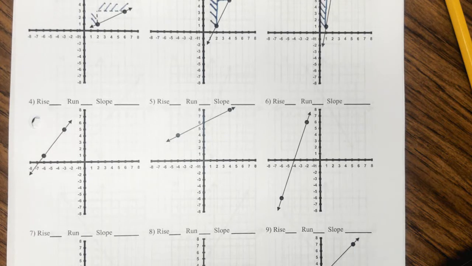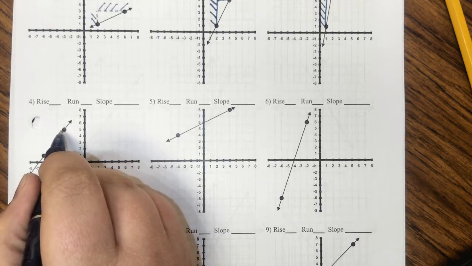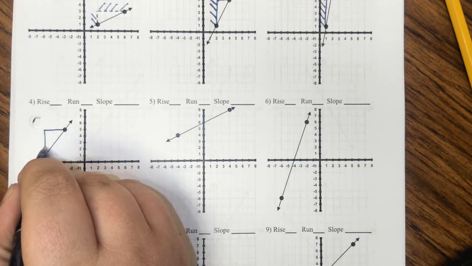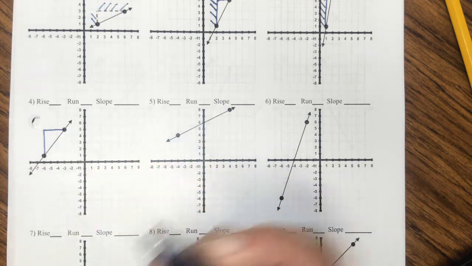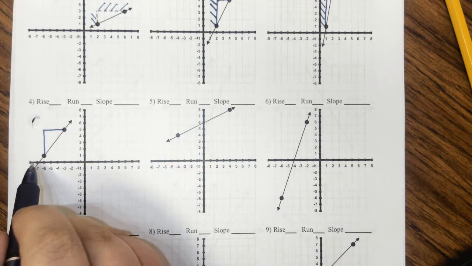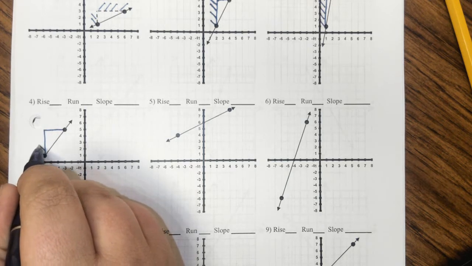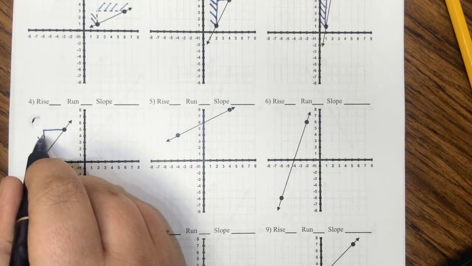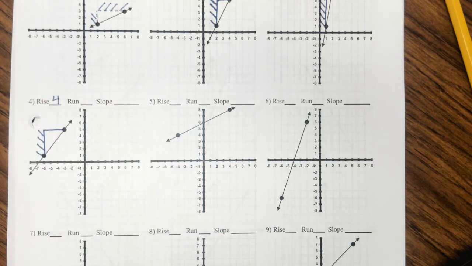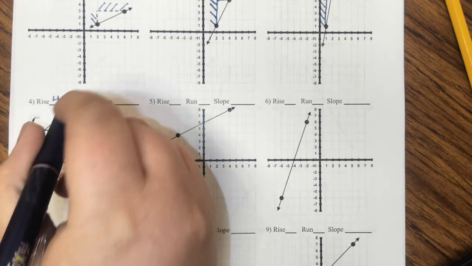Looking at number 4. Gonna draw a triangle between the two perfect points that they've given us. Again, the lines are really hard to see, but the rise is up 1, 2, 3, 4. The run is over 1, 2, 3.